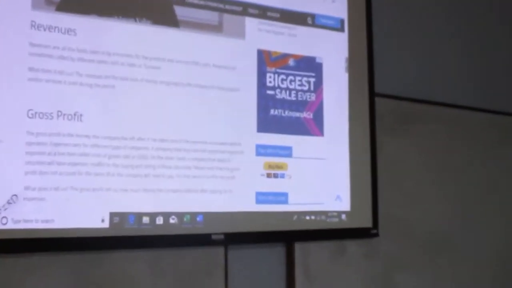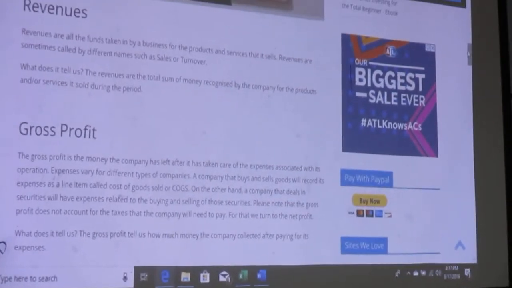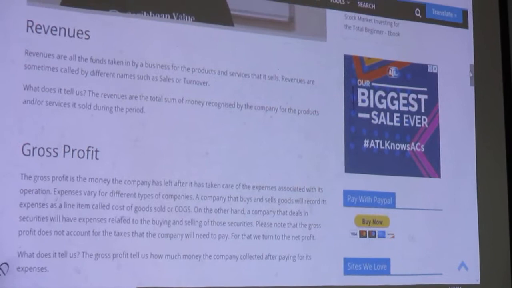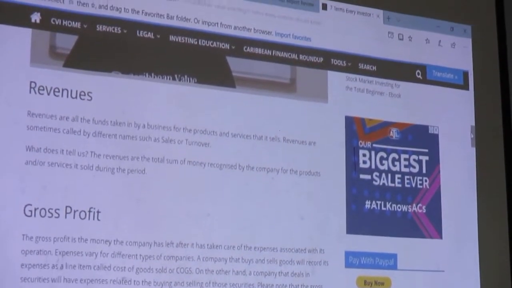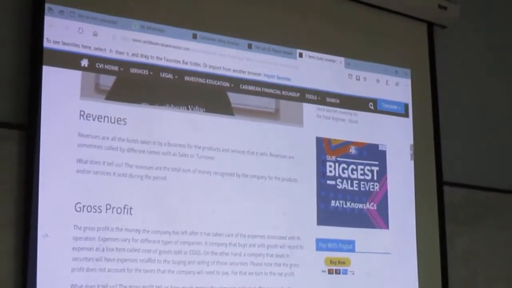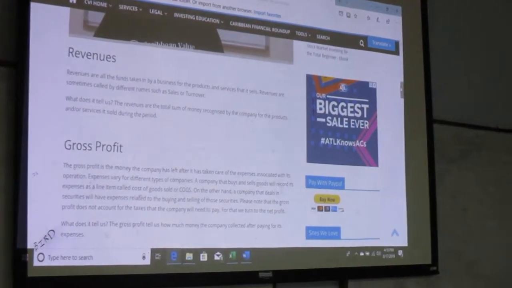And these reports are released, they are actually mandated by the stock exchange that the companies actually release the performance over every 3 months. We call it their quarterly performance.